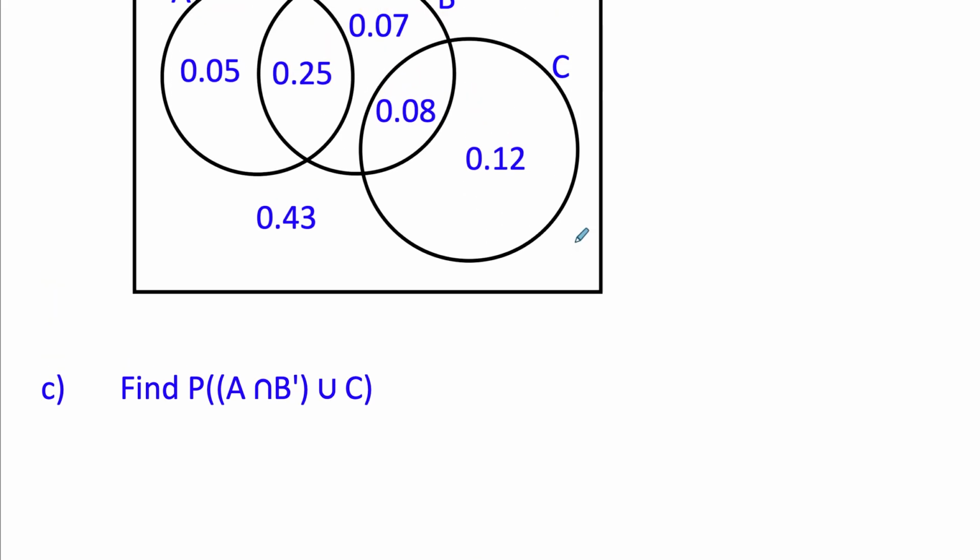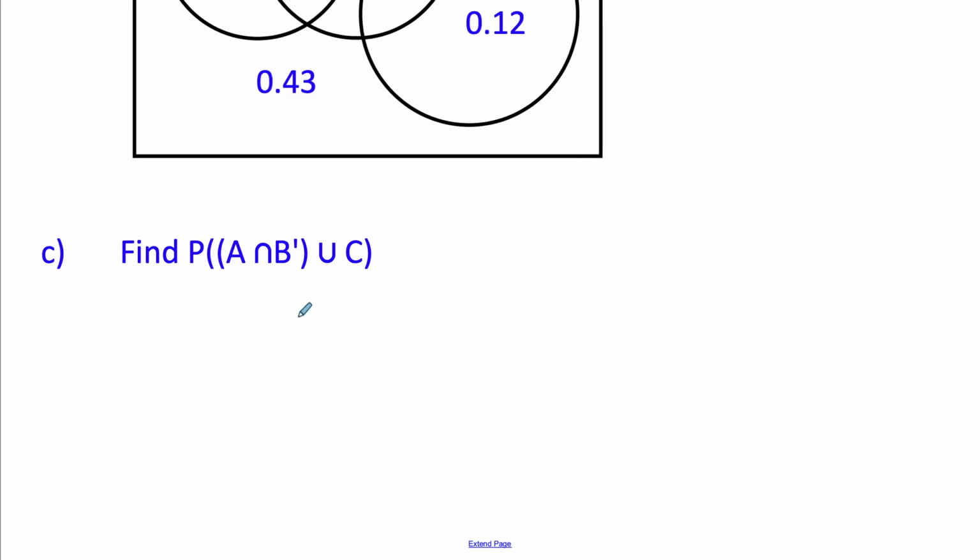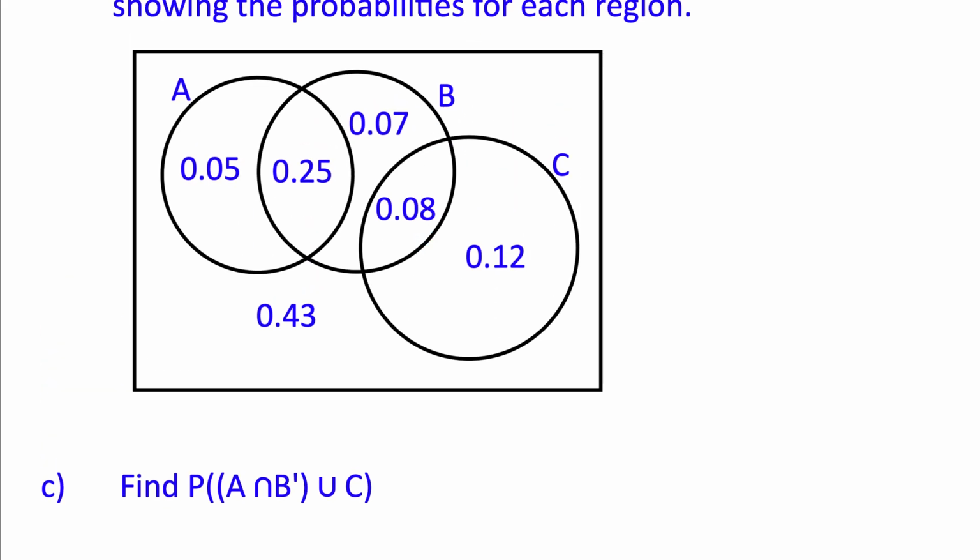Okay, and then the final part of this example says find this probability, which looks quite scary. It's the probability of A intersect not B. So the probability of A and not B. Or we can add on the probability of C. So let's work out what the probability of A and not B is. So we can do that again using the highlighting technique.